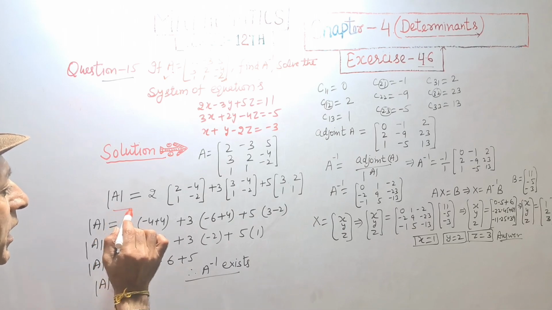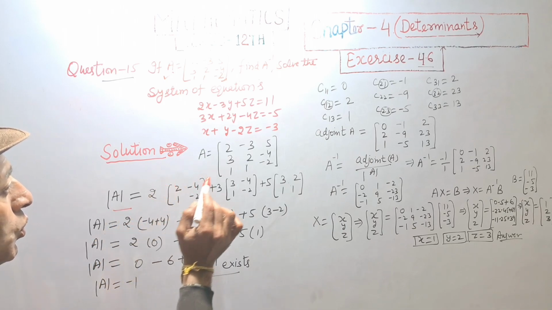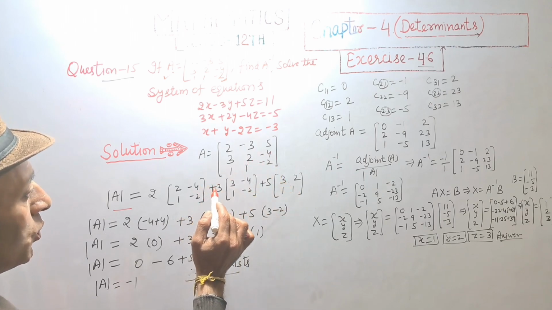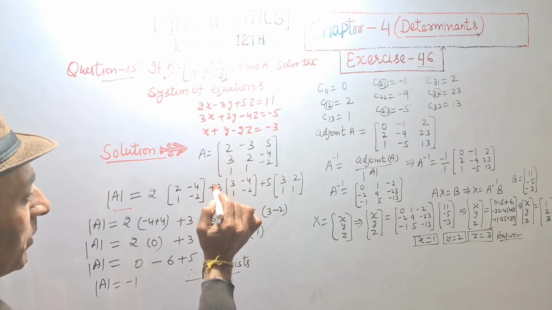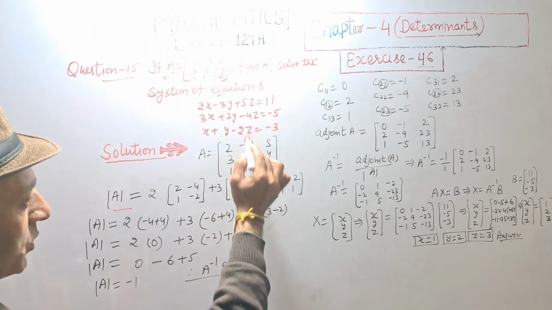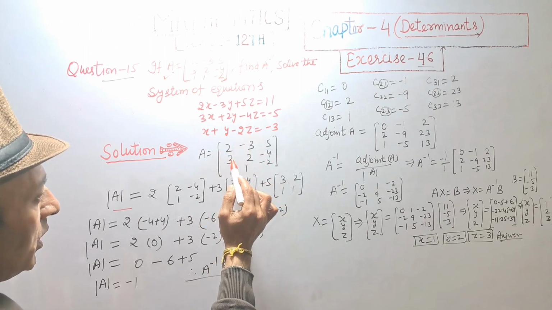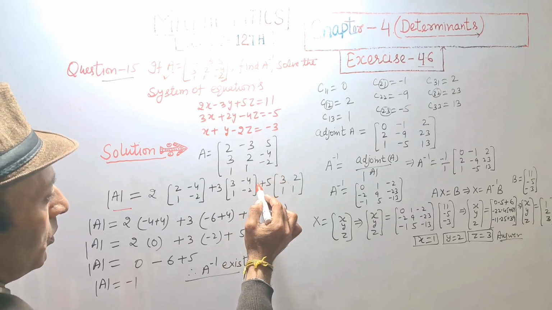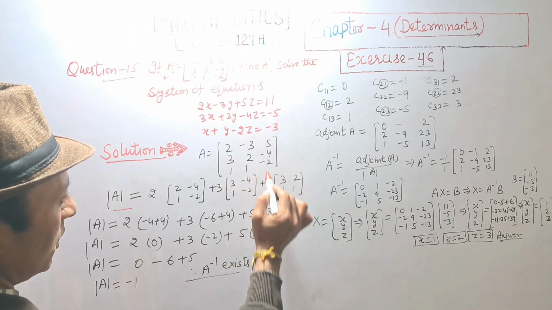And the determinant of A is equal to 2 times the minor of first row first column, 2 minus 4, 1 minus 2, minus, minus, plus 3, and first row second column, 3 1 minus 4 minus 2, plus 5 first row third column, neglect.